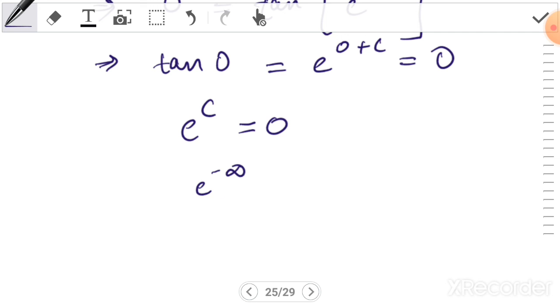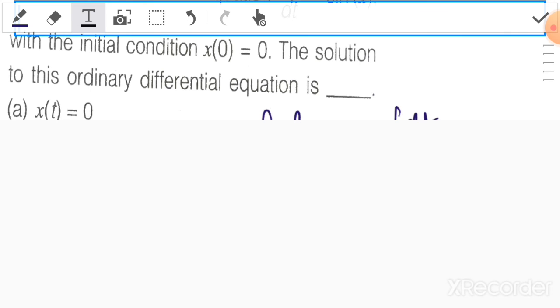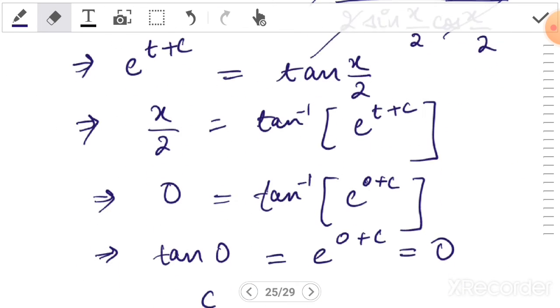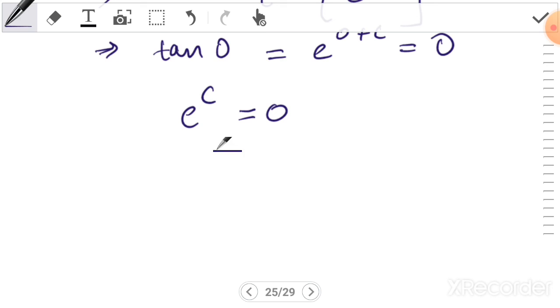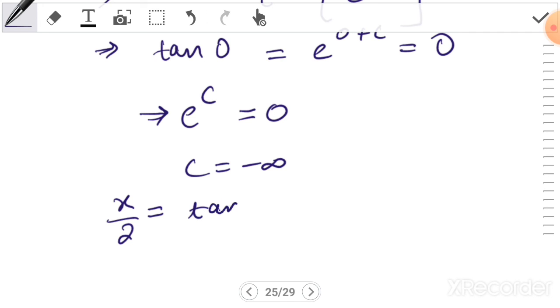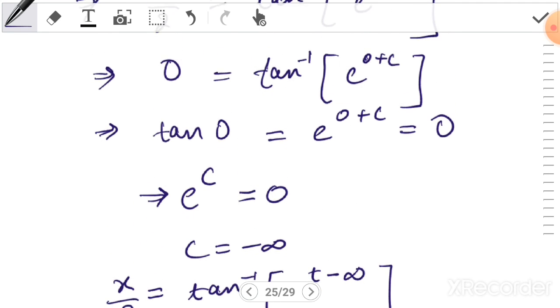So since e power minus infinity is 1 by e power infinity and that is 0, c is equal to minus infinite. Then solution is x by 2 is equal to tan inverse e power t minus infinite, right?